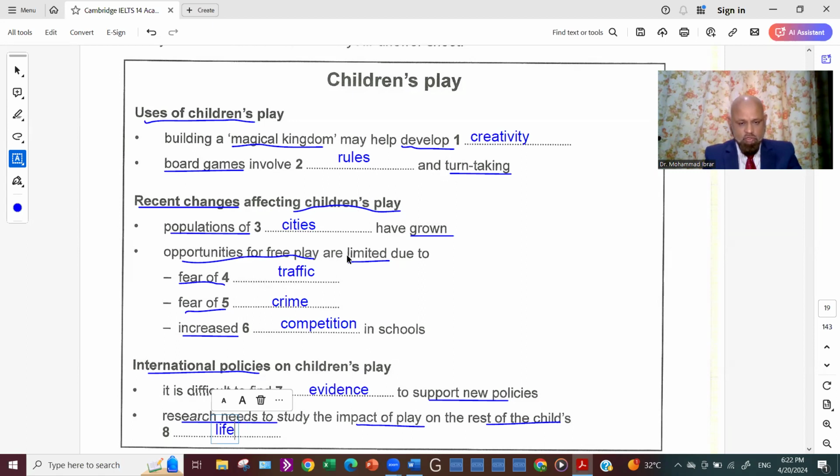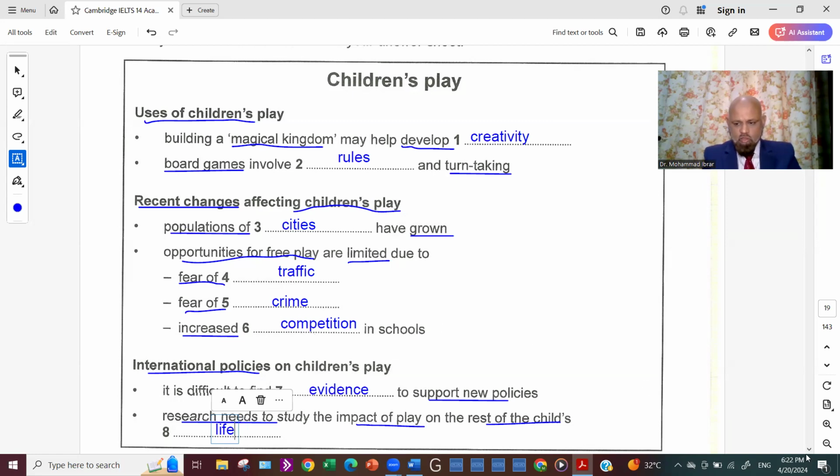Opportunities for free play are restricted by fear of traffic and fear of crime. Both of them are nouns. Increased competition: adjective first and then noun.